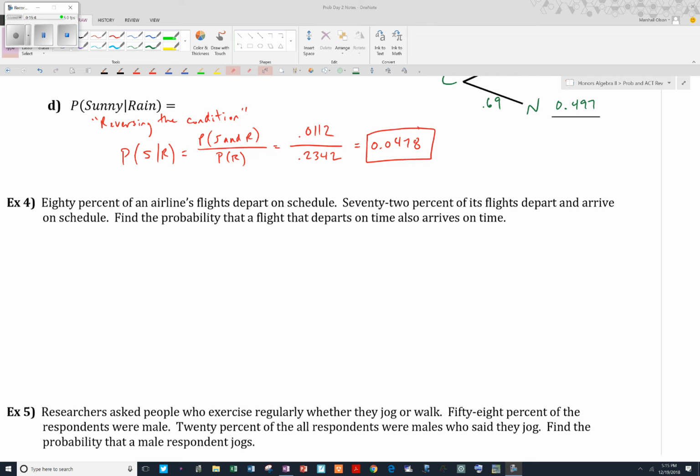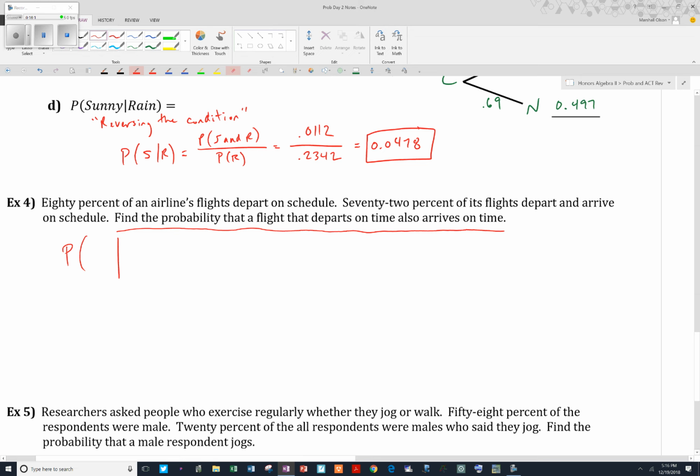All right, take a second to read through example 4 there. And once you do, you need to understand what's being asked so you can figure out which way the condition is going. I'm reading the final question here: find the probability that a flight that departs on time also arrives on time.